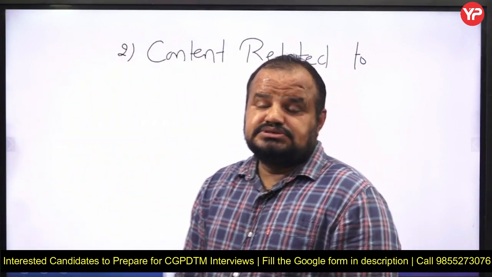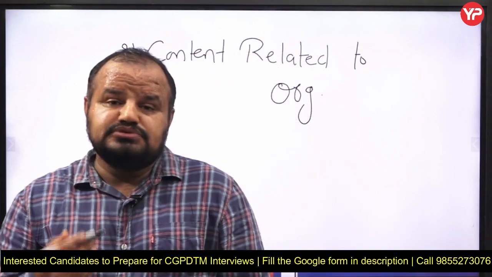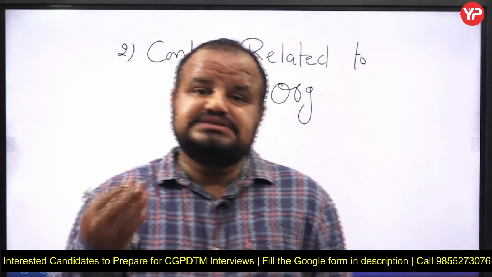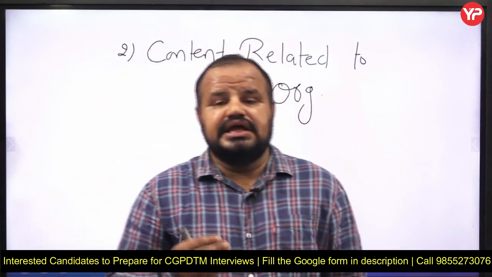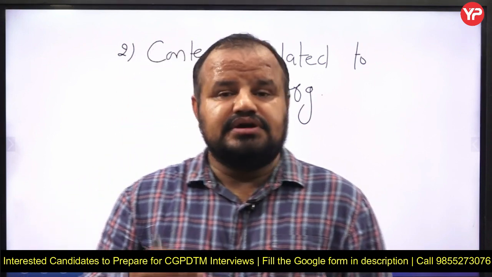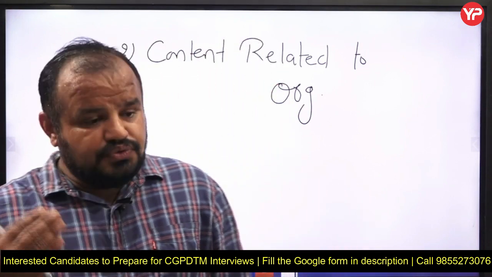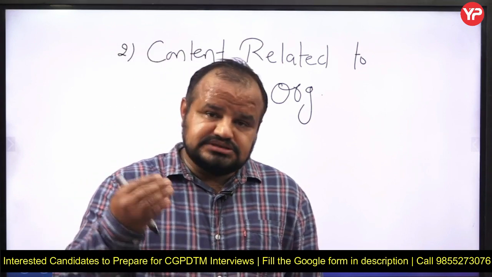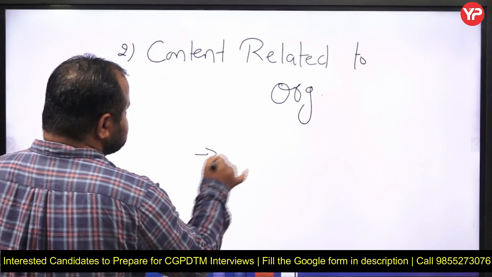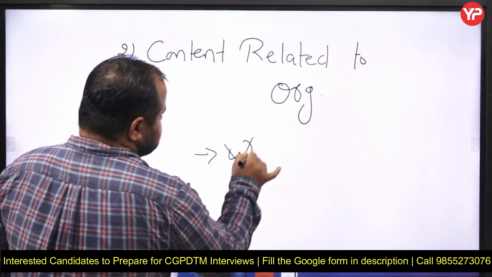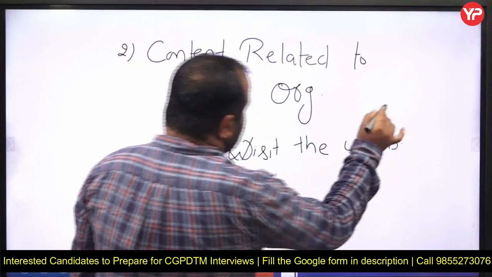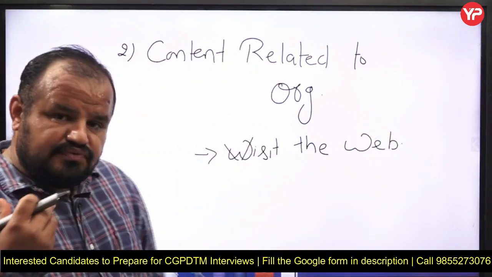See my dear students, they may ask you what is the procedure to apply for a patent, and what are the different steps an organization has to follow to find the uniqueness of that patent. What are the different tools, how you can measure all these steps, what steps you have to follow. For that, you have to visit the website regularly, where you can find out what type of work is going on.